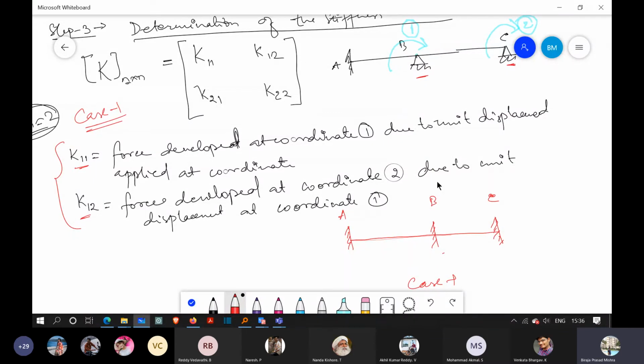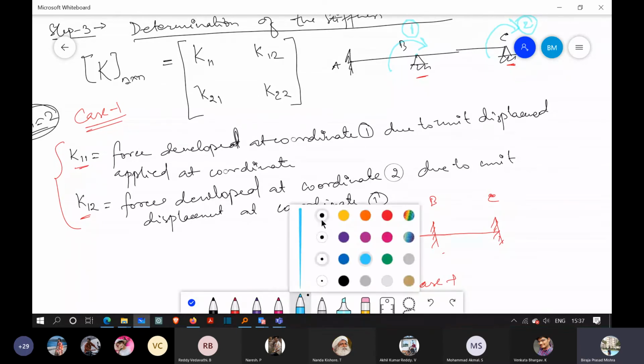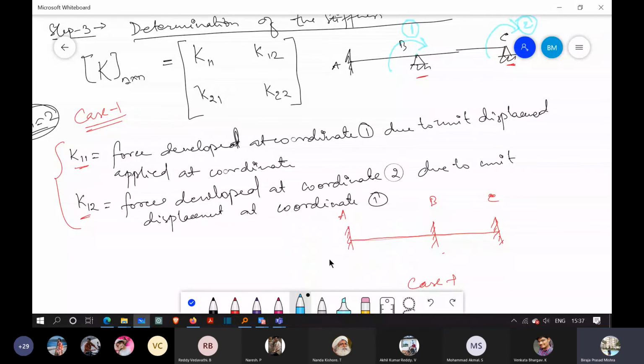Since it is not able to move in the vertical and horizontal directions, it can only rotate. So I will rotate this one. Since it is fixed, there will be no slope here. It will rotate like this, and the slope will again be 0 here.